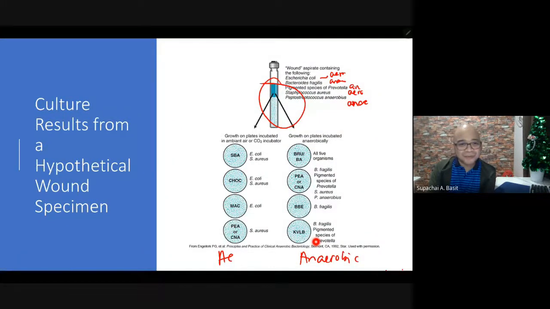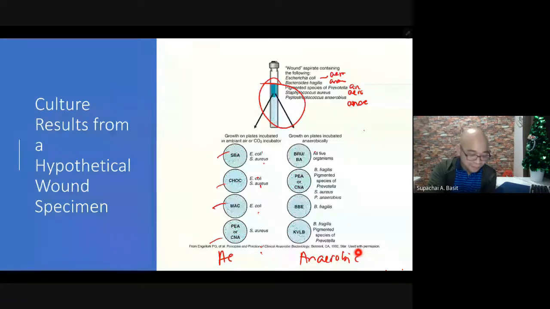In the aerobic cultural method, you can use sheep's blood agar, chocolate agar, MacConkey, or phenylethyl alcohol. With sheep's blood agar, you can isolate E. coli and S. aureus. In chocolate agar, E. coli and S. aureus. In MacConkey, E. coli. In phenylethyl alcohol, S. aureus only. But for anaerobic, you can use Brucella blood agar.